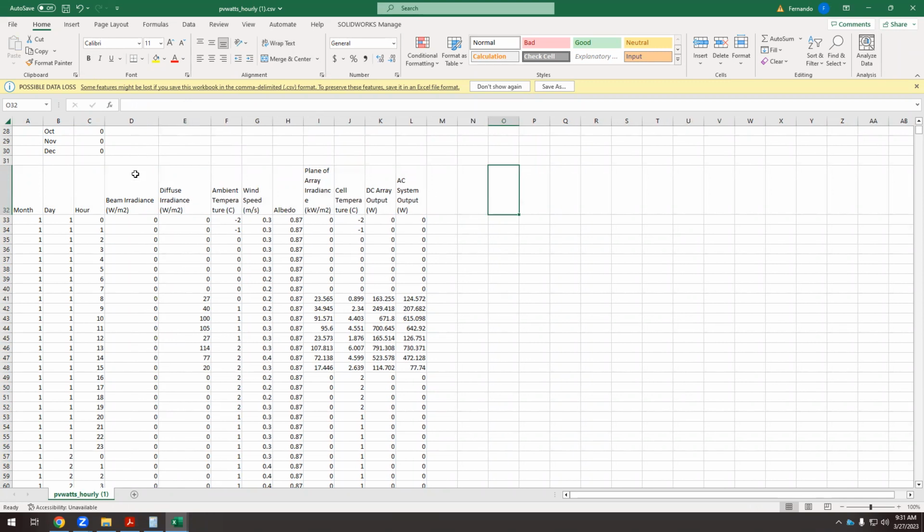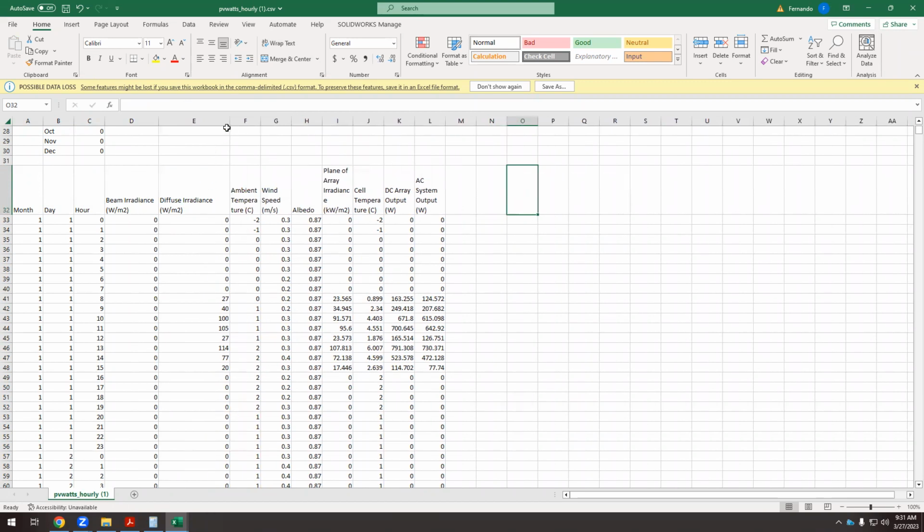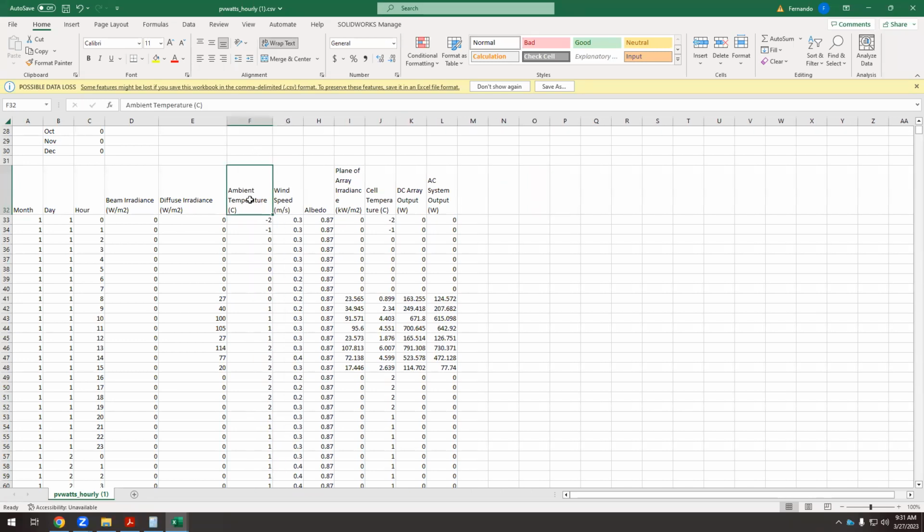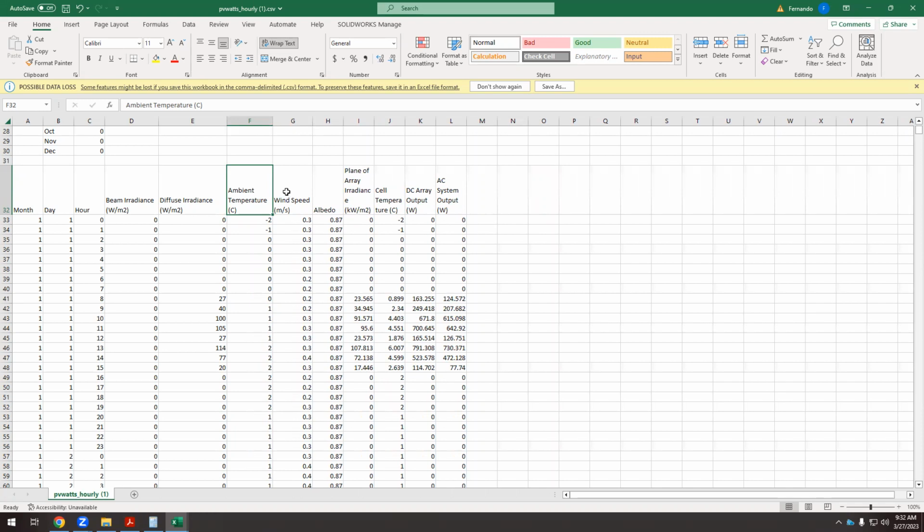We have the beam irradiance. So this is the direct solar irradiance, for example, in a southern facade. This is the diffuse, so that would be the diffuse irradiance. That's the northern facade's irradiance that we can have. The ambient temperature is important because it affects the performance of the cell. We have the wind speed, that's also important because it affects the performance of the cell.